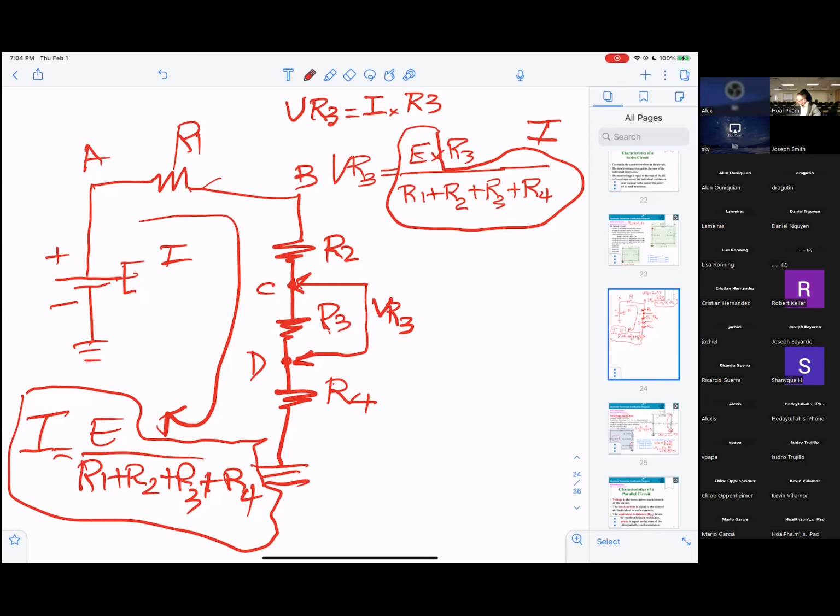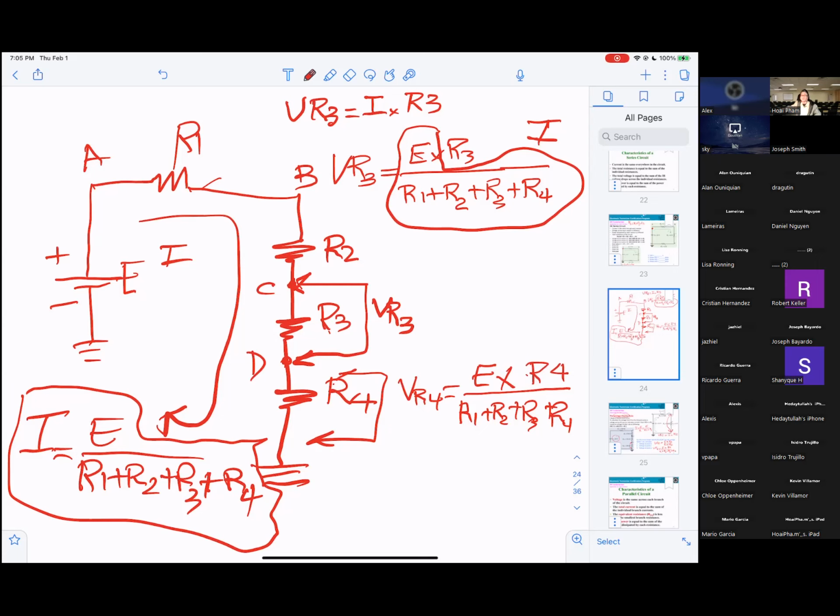Or if I say I want VR4, you can use E divided by, same thing, R1 plus R2 plus R3 plus R4, and this will be multiplied by R4.